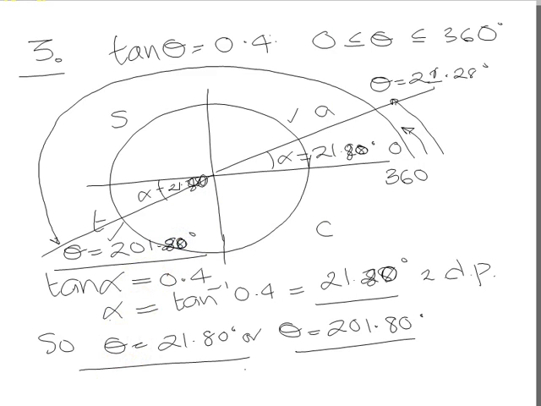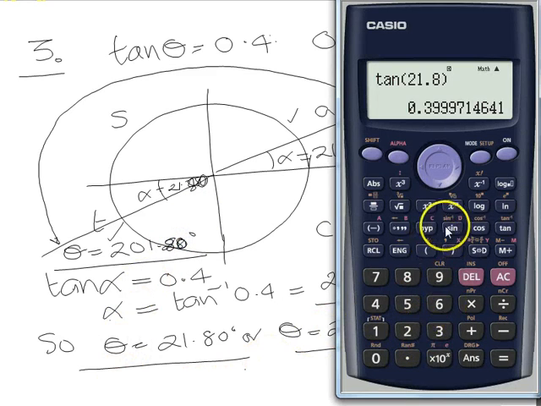So tan of 201.80, close bracket, equals. Yeah, that's really nudging really close to 0.4, so I'm fairly happy with that.